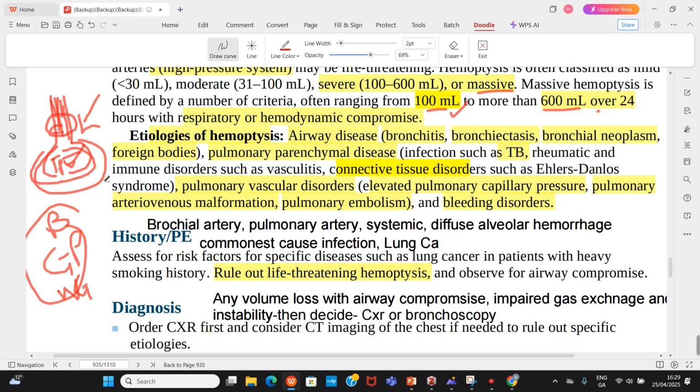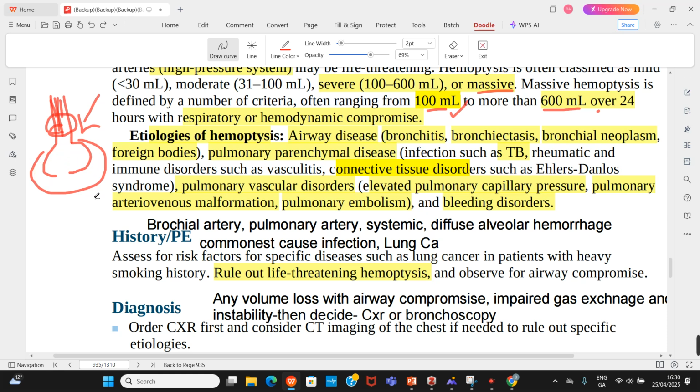So parenchyma of the lungs: TB, and all this vasculitis. The vessels surrounding the lungs can also be the source of the bleeding. Is this person having an AVM, arteriovenous malformation that's bleeding? Does this person have pulmonary embolism? And when we said somebody having a pulmonary embolism now has hemoptysis, what do we say has happened to that lung? Anybody remember what I said already?